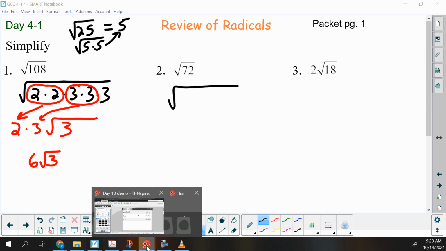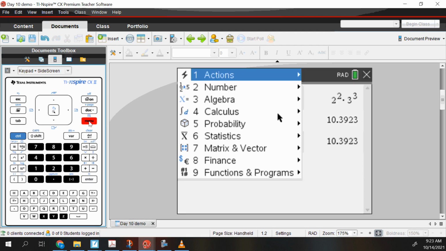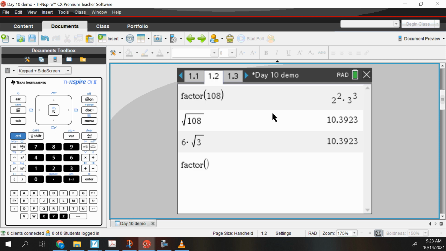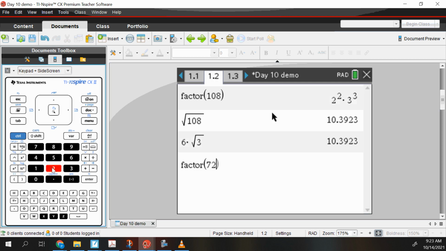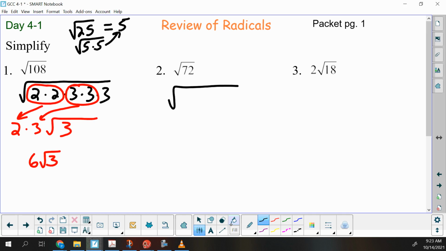72, we'll go to the calculator. We're going to do menu, number, factor. And we get 72. So here we have 2 cubed times 3 squared. So we'll have 2 cubes, so we'll have 3 2's, times 3 squared, so we'll have 2 3's.